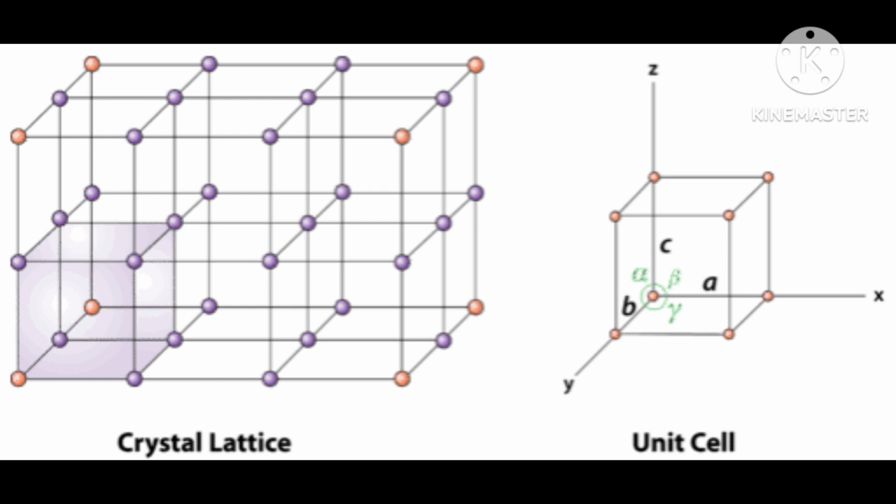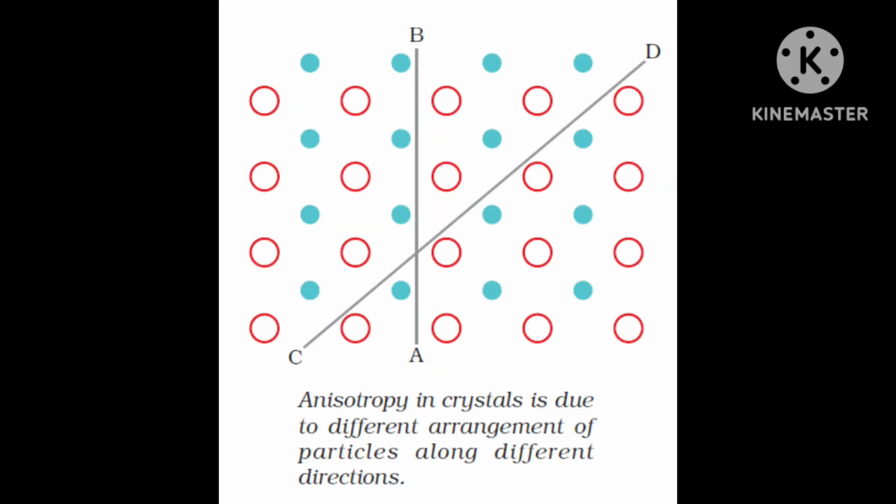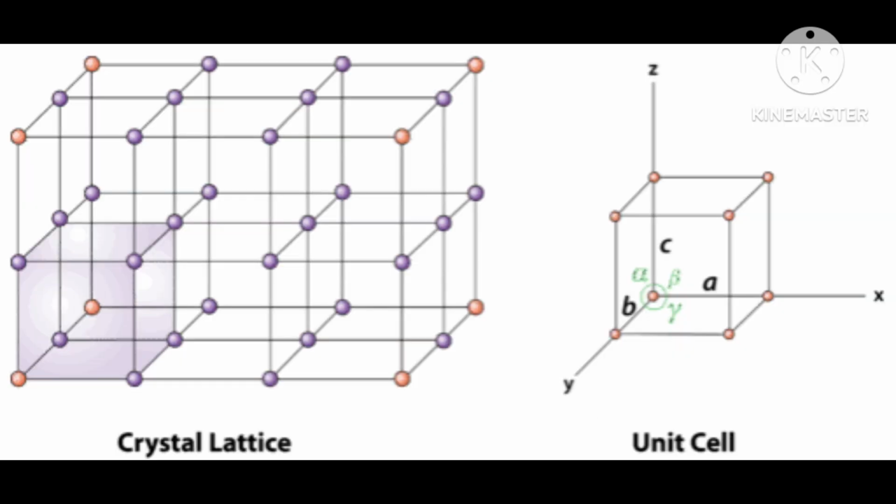I already briefed you. Second, the angles between the edges: alpha, beta and gamma. Alpha is the angle between edge b and edge c. Beta is the angle between edge a and edge c. And gamma is between a and b.